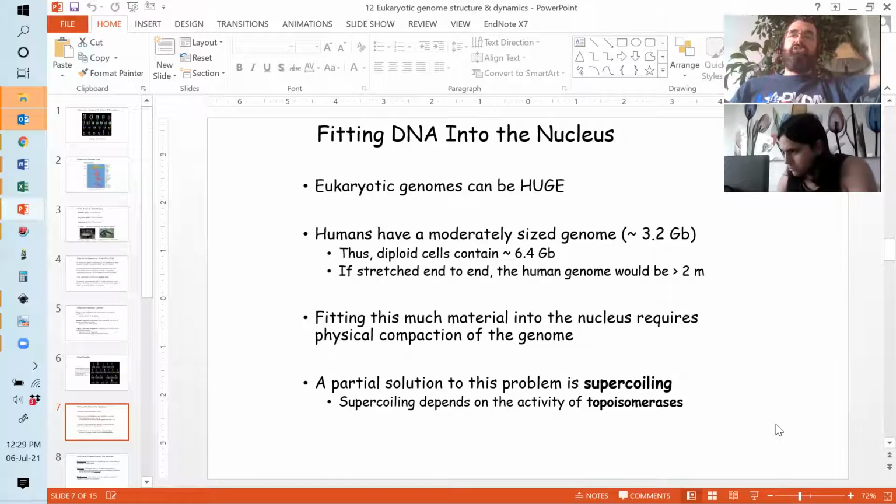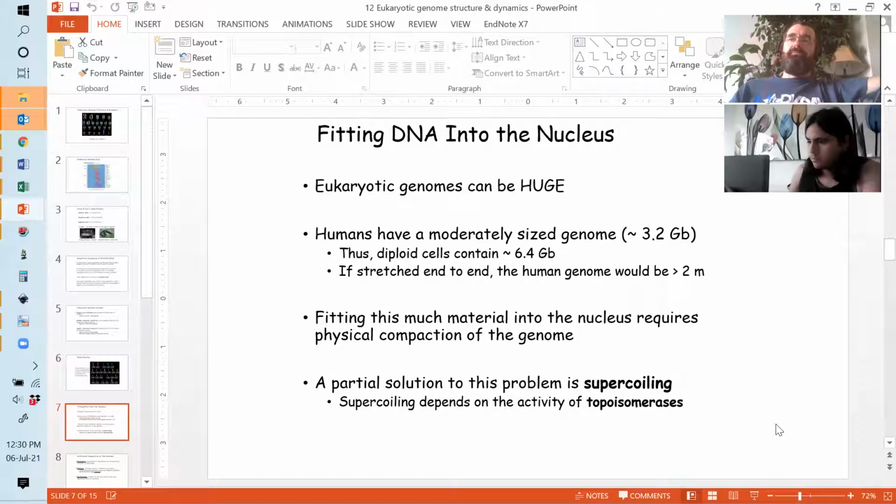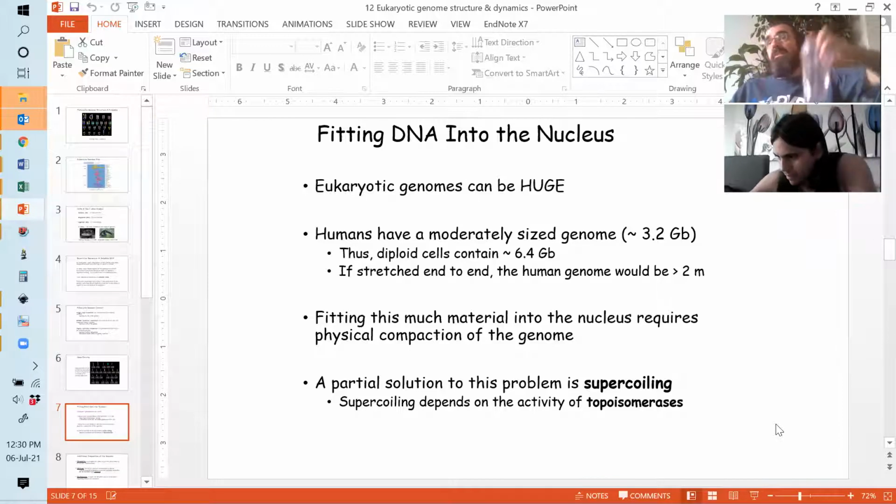It is constantly changing from being open and active to being closed and inactive on a cell by cell and tissue by tissue and chromosome by chromosome basis, right? There is a constant dynamism, flow between different states of different chromosomes. And obviously this varies over your body, over your lifespan, and over your development as well.